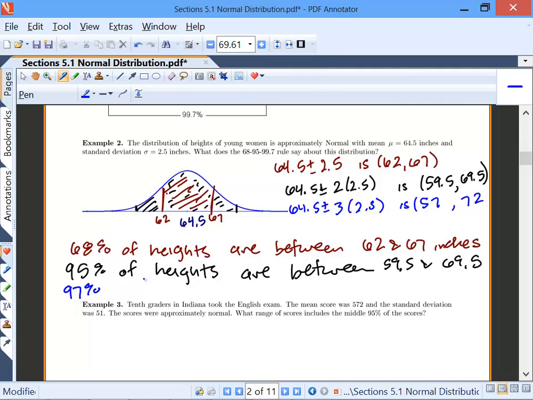So 97% are between 57 and 72 inches. So from here to here.